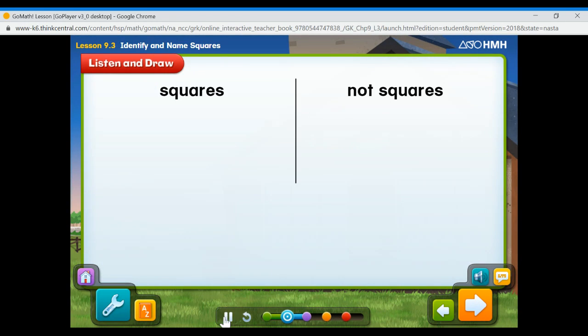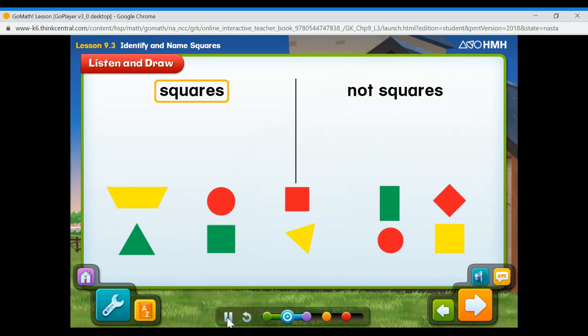Just like we did yesterday, we're going to be sorting shapes that are squares over here on this side and shapes on the other side over here that are not squares. So we know that a square has 4 sides with 4 corners.